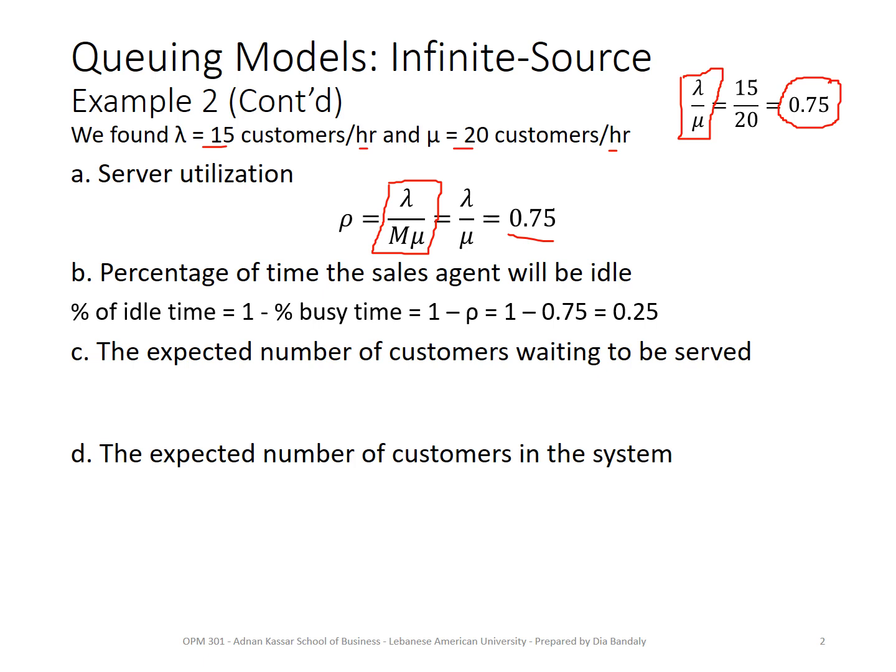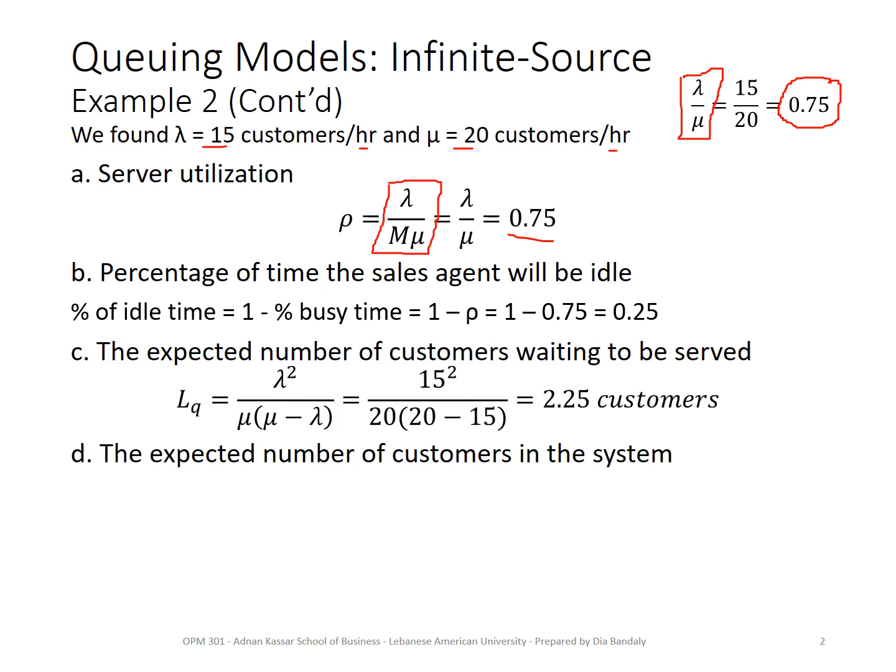The expected number of customers waiting to be served. What's that? Waiting to be served means they are not getting served, which means they are waiting in line, which means this is LQ. LQ is a model specific formula. Here I have used a basic relationship, and here I just use logic. And here I'm using a model specific formula, which is lambda squared over mu times mu minus lambda.